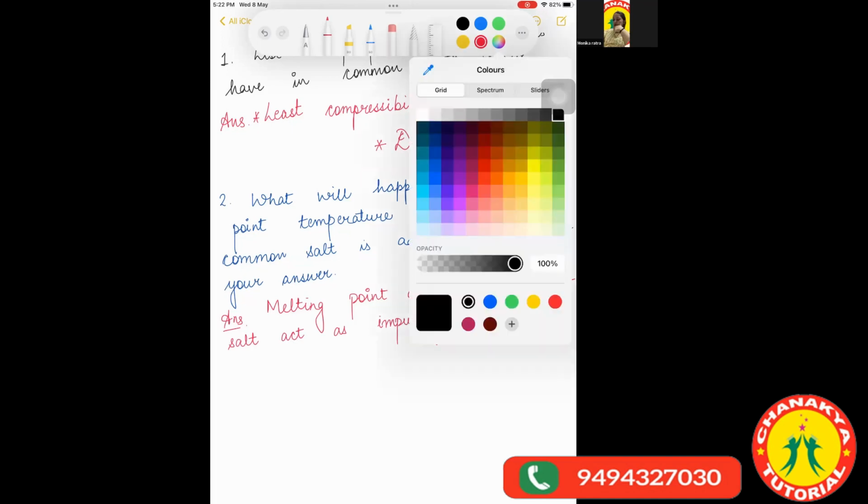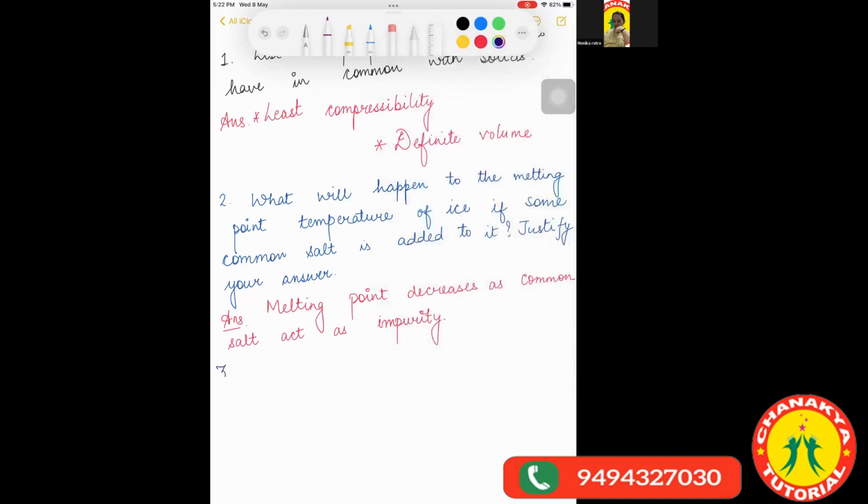Next question. Wearing synthetic clothes in summers is usually avoided. Why?